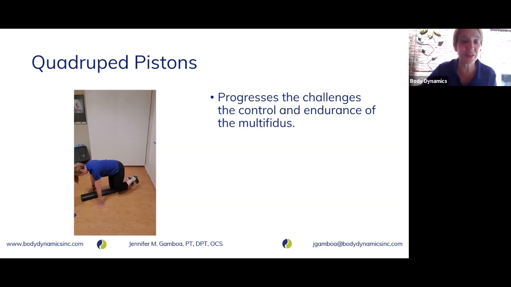And so here, the setup is I'm on a half roller. You can be on a full roller. I've certainly in my classes had people do it off of a full foam roller, or you can do it off the edge of a stair or a series of yoga blocks. But the point is that you're kneeling on the height so that you have room to railroad track. In this case, my left knee is the free knee, and I'm going to railroad track that left knee down to the floor.